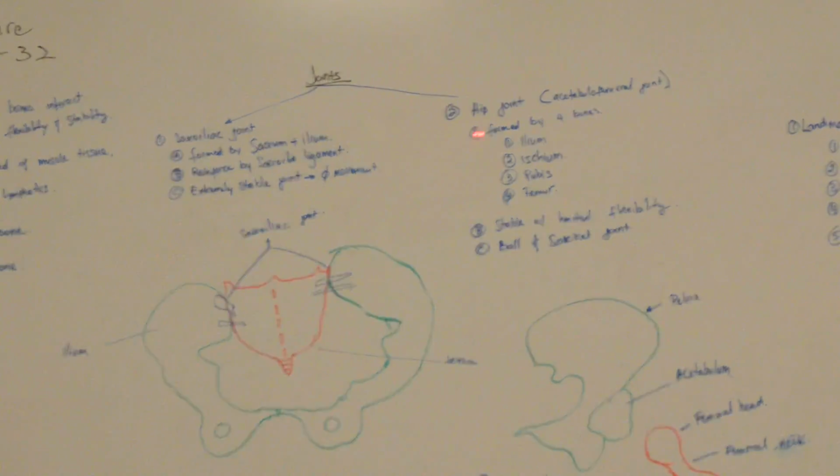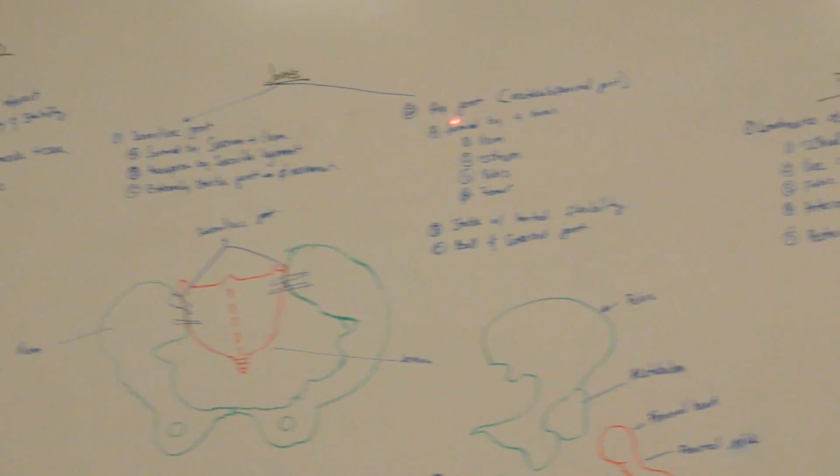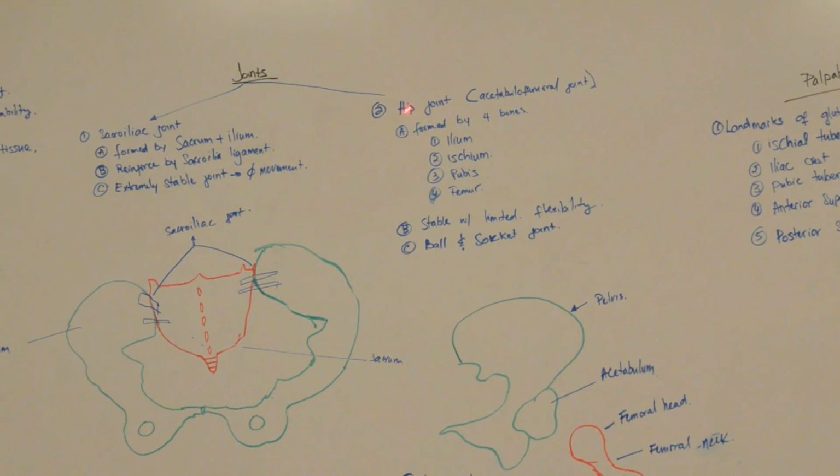The next joint that was talked about in the lecture was the hip joint, or the acetabulofemoral joint. This joint is formed by four bones, like we discussed earlier. The pelvic bone here forms the acetabulum right here, fused together at this area.